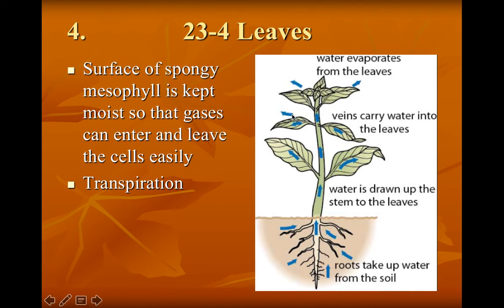Now, whenever that water leaves the plant, it has to be replaced because remember that spongy mesophyll has to be kept wet in order for photosynthesis to happen. So what actually ends up happening is transpiration drives more water to get pulled from the roots up the stem to the leaves to replace that water that's lost through evaporation. So transpiration actually drives the movement of water upwards, pulling that water from the roots and from the soil.